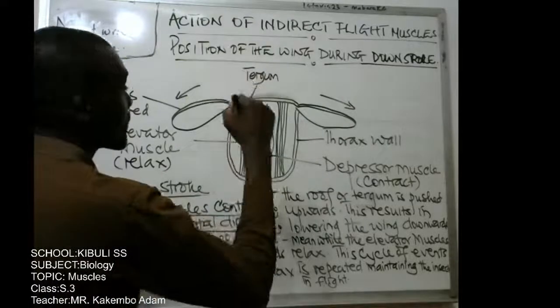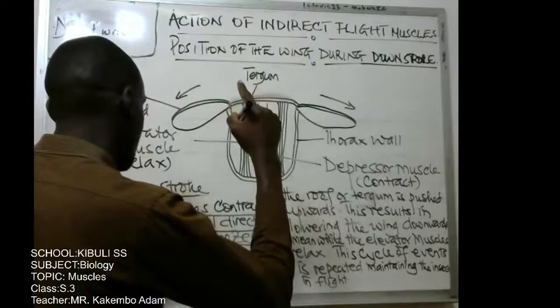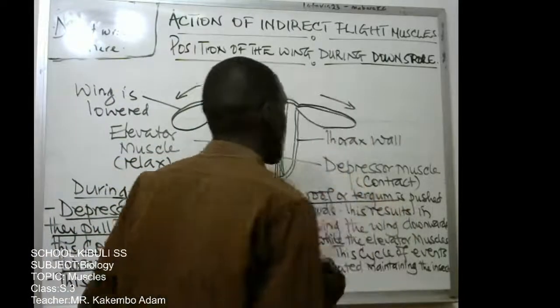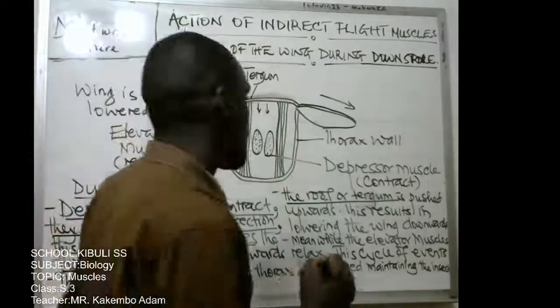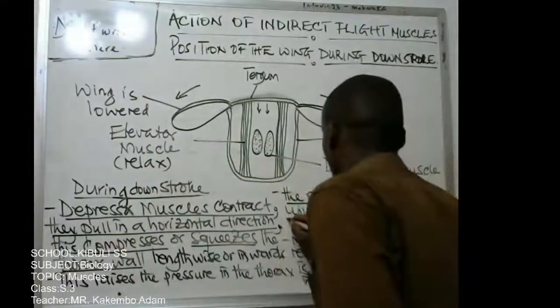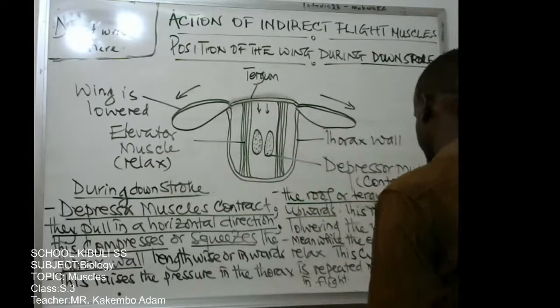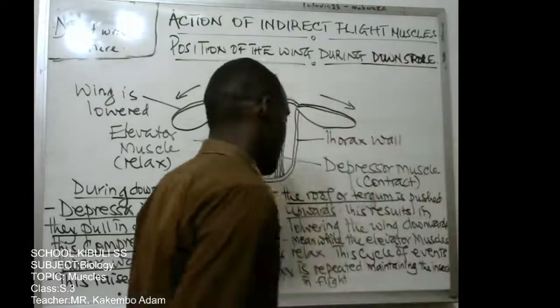This raises pressure on the roof of the tagum, which is pushed upwards, so the wing is lowered.